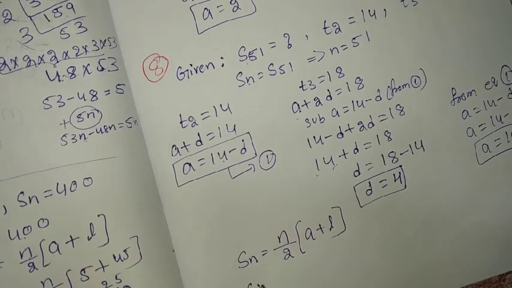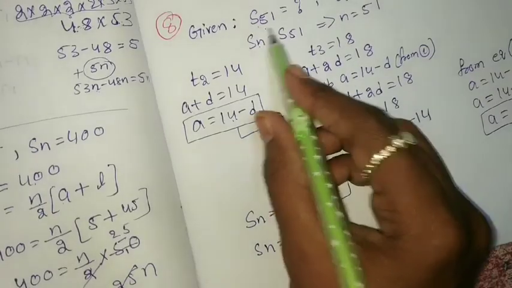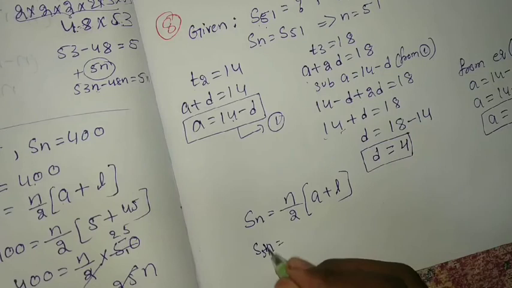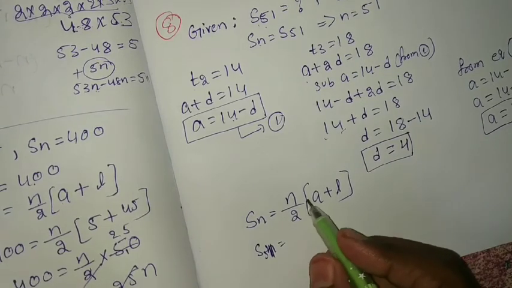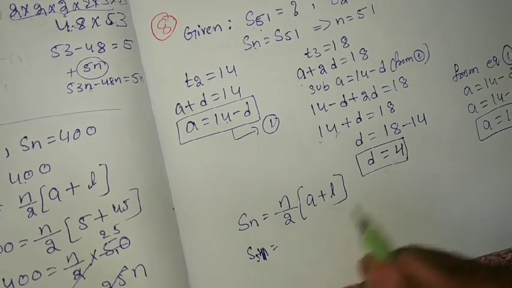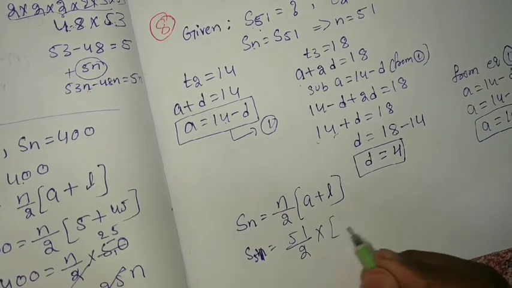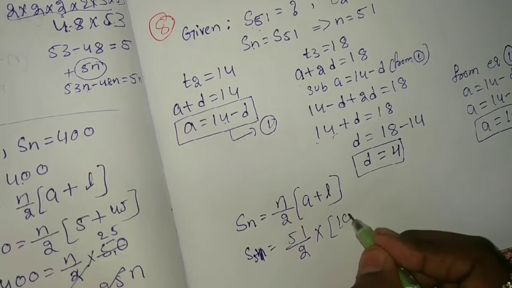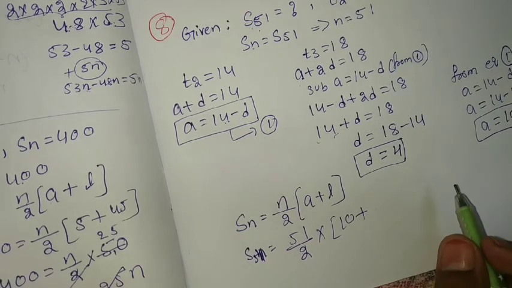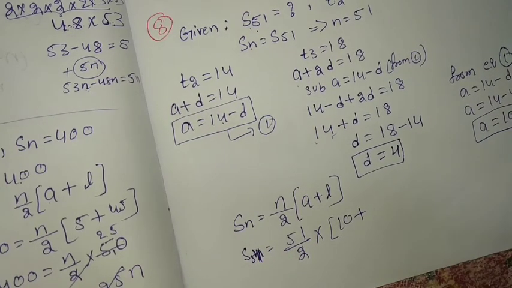So Sn is nothing but S51. 51 is equal to, what is n here? N is 51 divided by 2 into, what is A? A is 10 plus, what is the last term here? Actually here the last term we don't know.